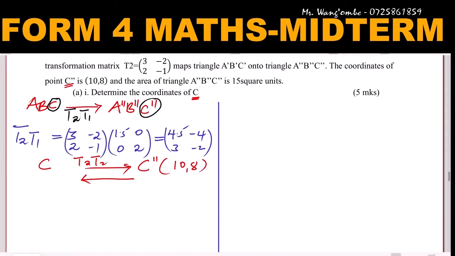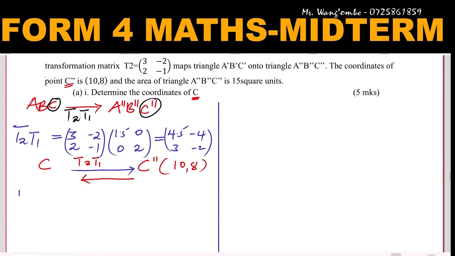The matrix that transforms C to C double prime, we need to get the inverse of that. Let me correct something here. This one is T2, T1. So now we need to get the inverse of T2, T1, and that is what is going to take the image back to the object.